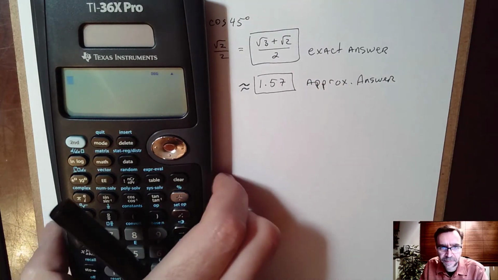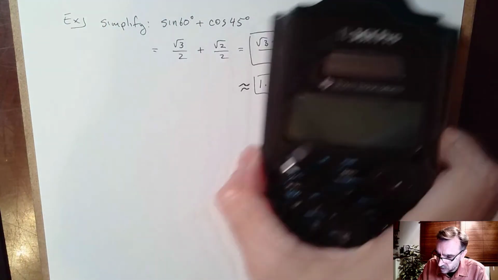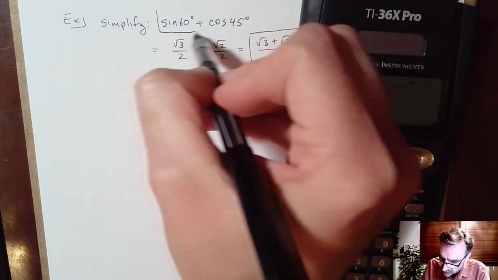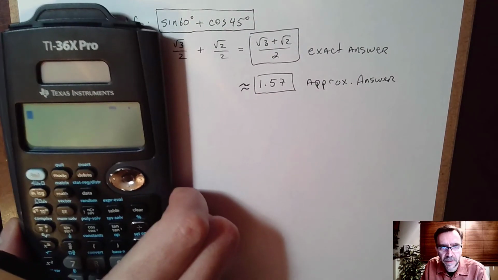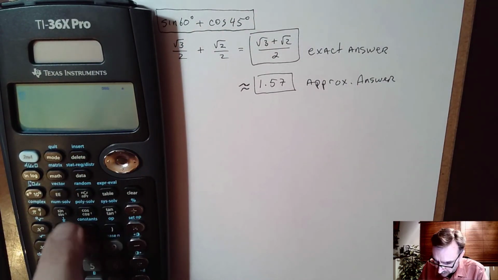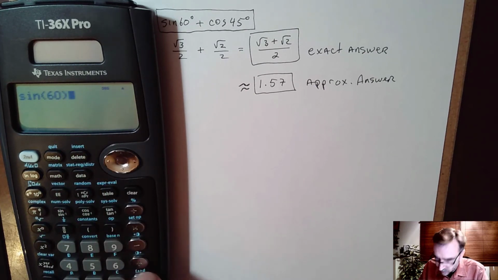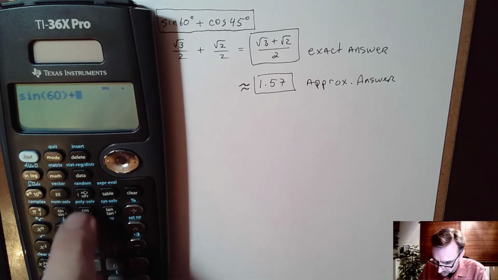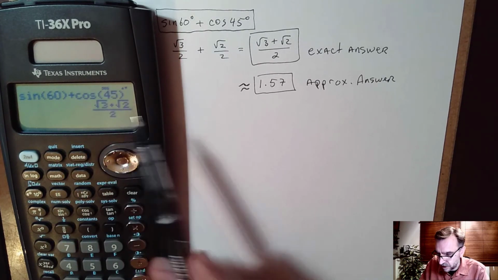Certainly you can do this problem totally on the calculator. I can just type that in: sine of 60 plus cosine of 45, I'm in degree mode, and then hit enter. And notice I do get the answer straight out of the calculator.